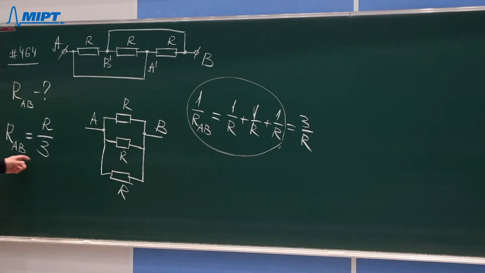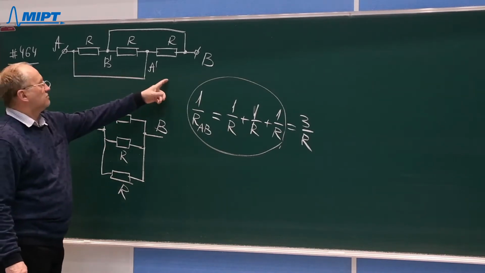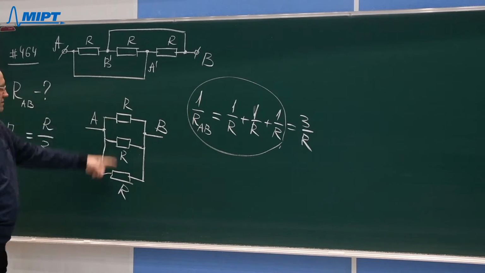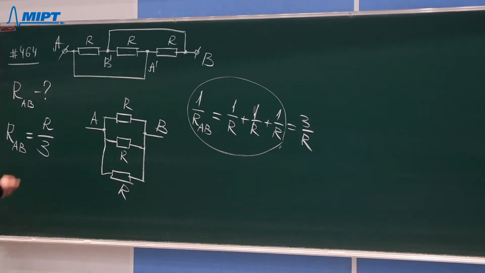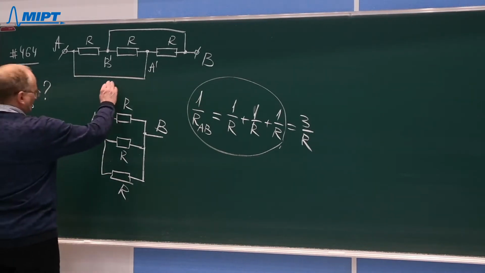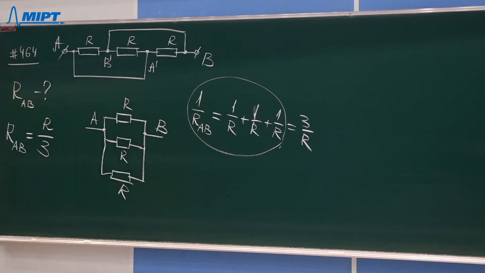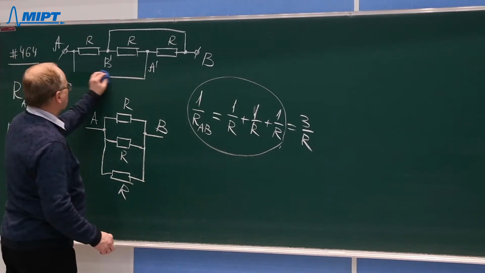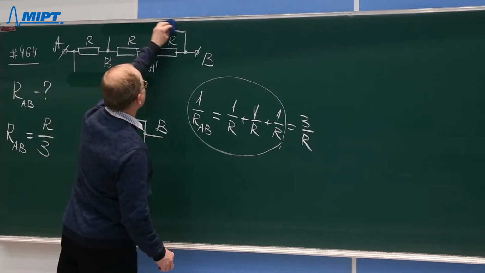So the answer is found in such a simple way, and the most important point in this problem is to guess that such connection of resistors is actually a parallel connection. Suppose we disconnect this first wire and disconnect the second wire.